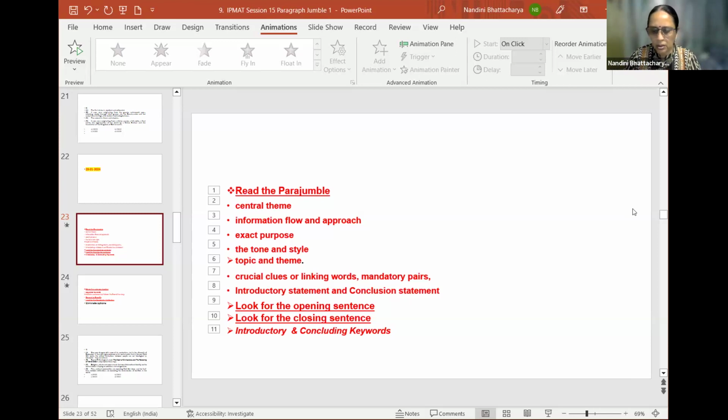The first thing you always do, you read the passage and understand it, right? So, what are you required to understand? The context, right? So, the central theme, as we had said earlier also, right? What else do you need?